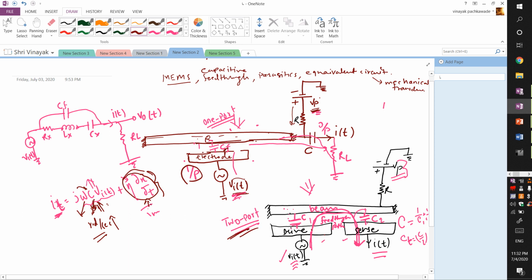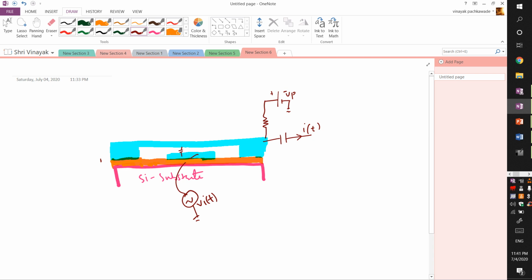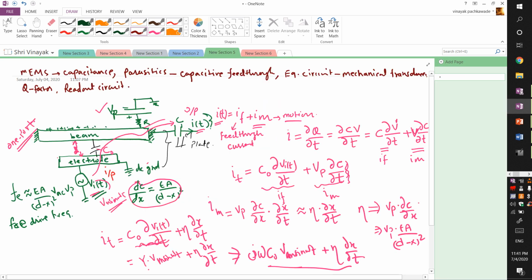So that is the importance of the current, and that is the explanation of the feed through capacitance in mechanical transducers which are based on capacitance change. Alright, so now the question is how to fabricate such a structure. Right over here, this is our mechanical structure.